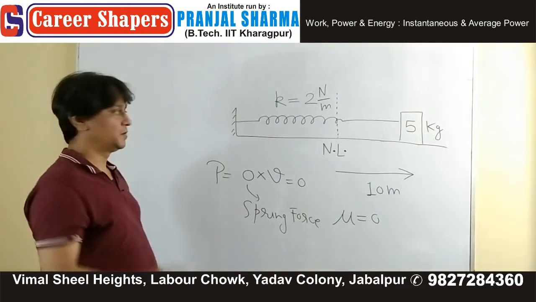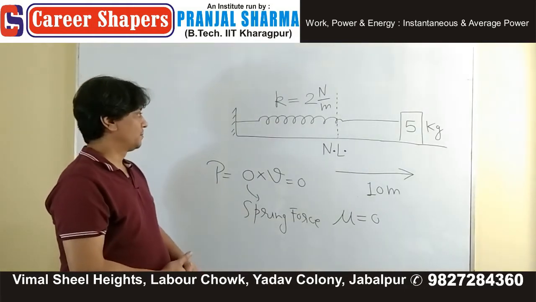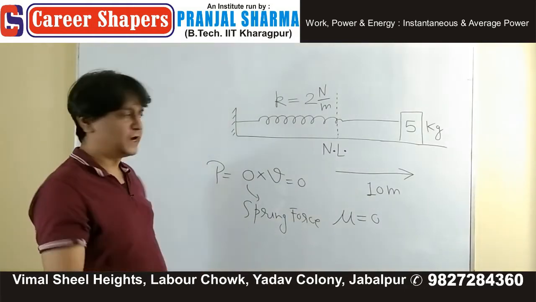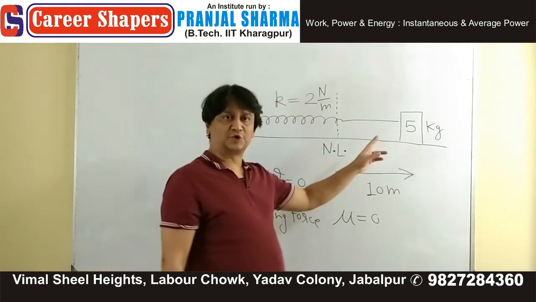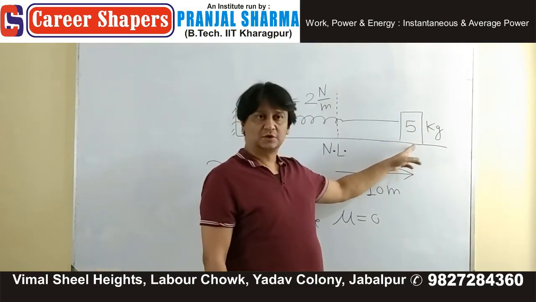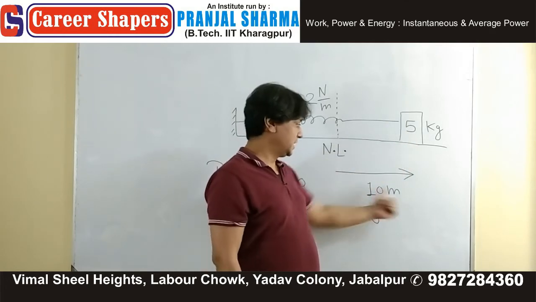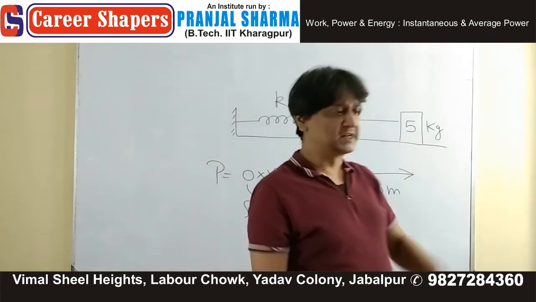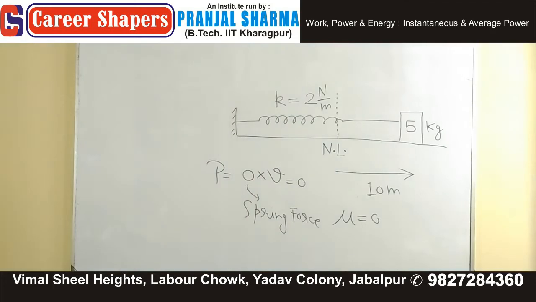So let's see how active you are. Write down the instantaneous power right when the object is released. Just the moment it is at a distance of 10 meters, what is the instantaneous power? Fast. At the initial moment, what was the power?